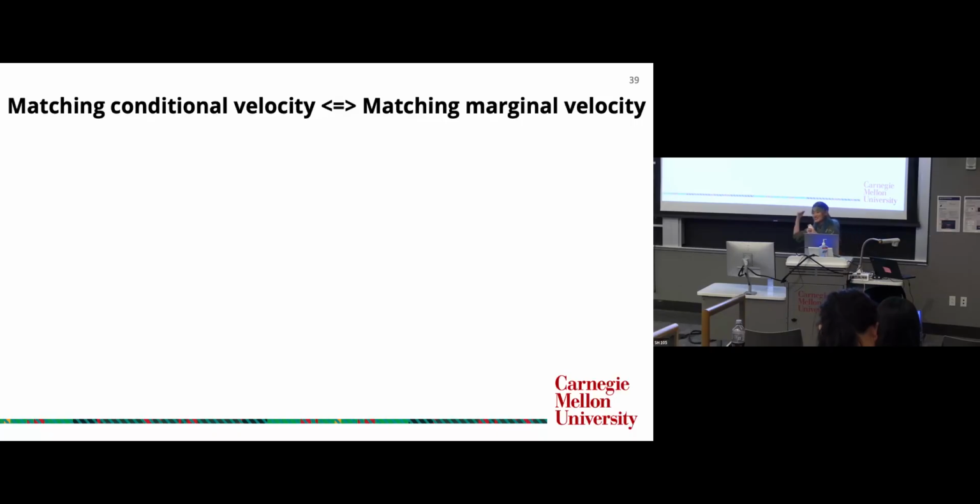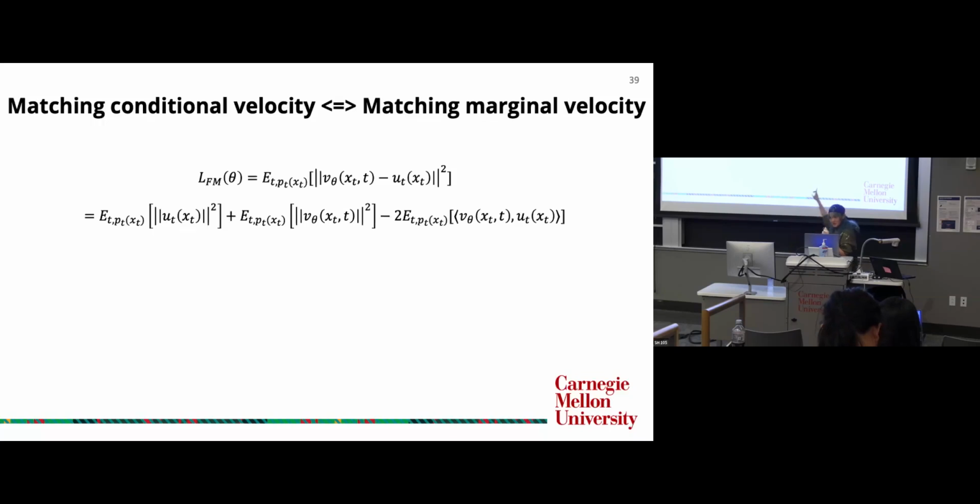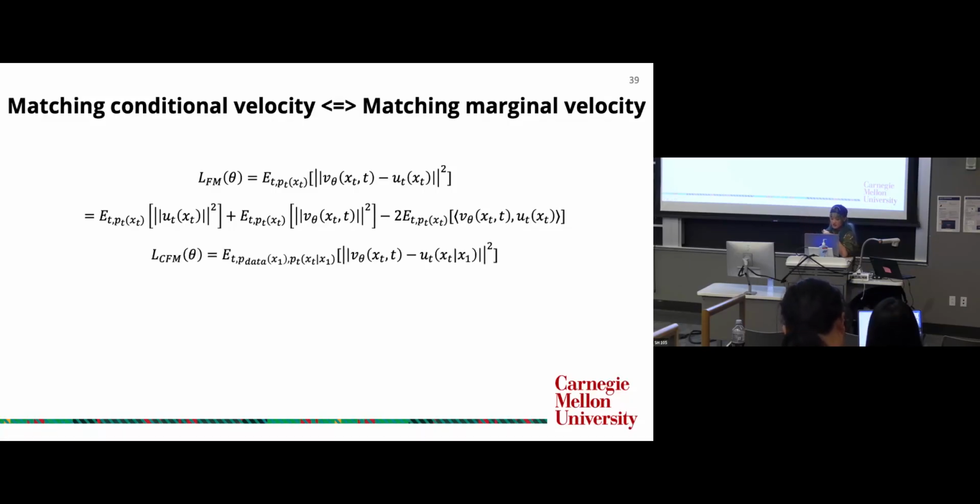Okay, the other thing, which is the most important thing and the most magical part, is that this is the equation that we want, right? This is the equation that we came up with. You just need to match the ground truth marginal velocity. But we do not have the ground truth marginal velocity, right?